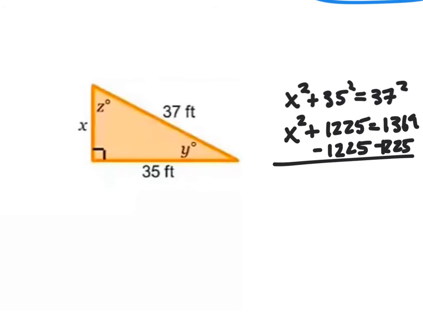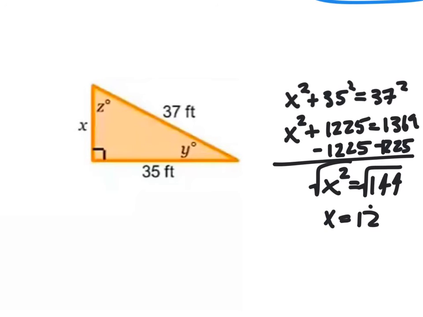And so then I get that x squared is equal to 1,369 minus 1,225, which is going to give me 144. Ooh, isn't that nice? Because if I take the square root of that, I'm just going to get that x is equal to 12. So I know that.